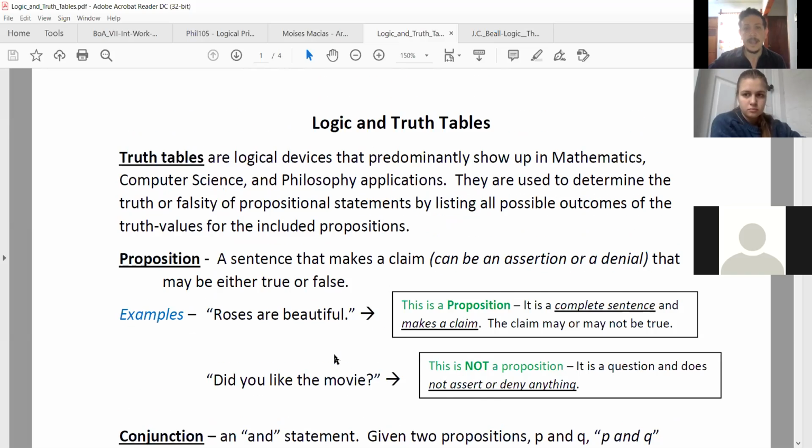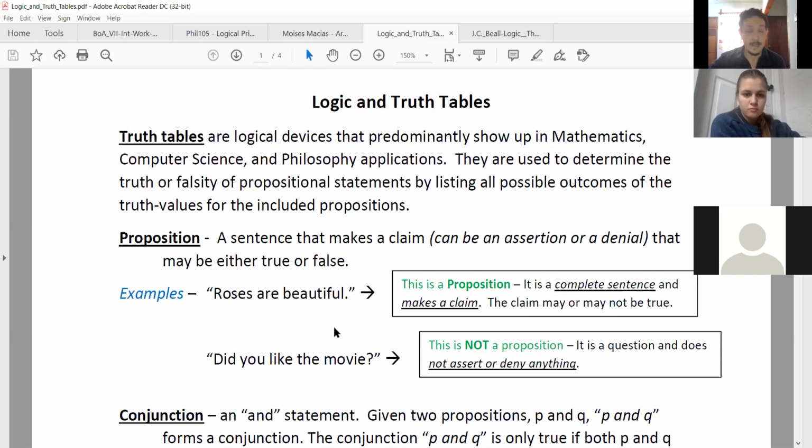A sort of spoiler is that part of what it means to talk about validity in an argument, or to say that a conclusion follows from the premises, is that an argument is a compound of propositions.